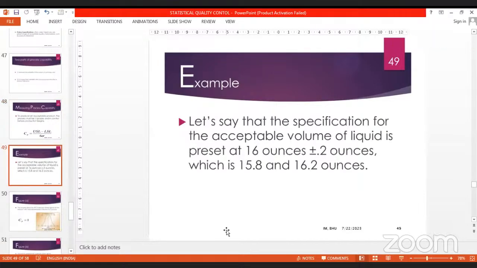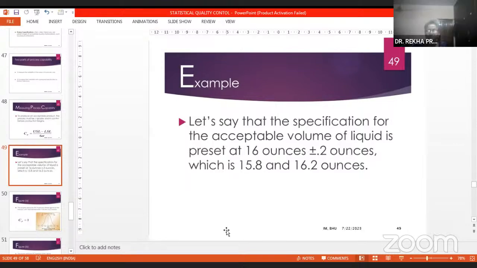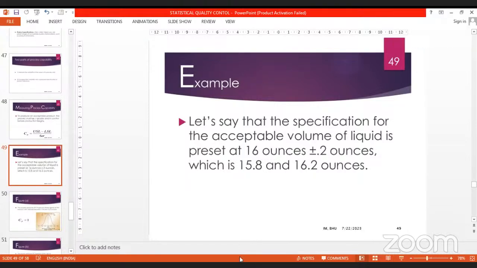Let's say that the specification for acceptable value of liquid is preset at 16 ounces plus minus 0.2 ounces, which is 15.8 and 16.2 ounces. प्लस माइनस हुआ ना, माइनस कर दोगे तो 15.8 है, प्लस है तो 16.2 ounces.